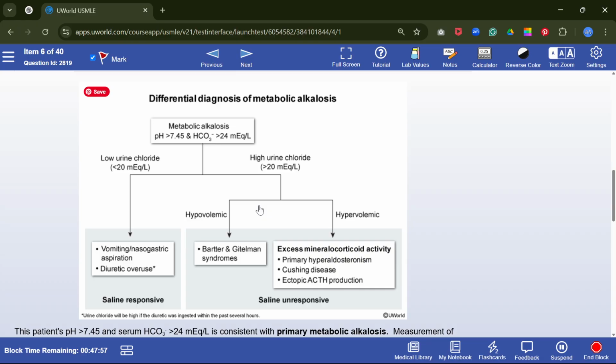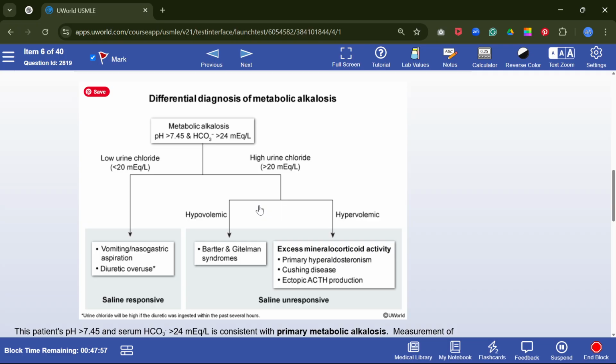If it is high urine chloride, then we have to look for whether it is hypervolemic or hypovolemic. If it is hypovolemic, then Bartter or Gitelman syndrome.